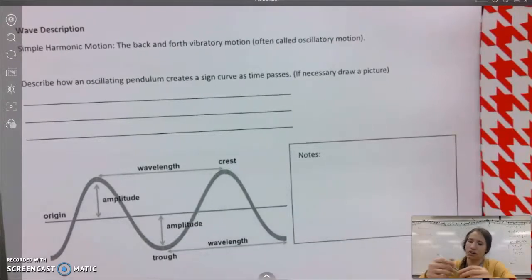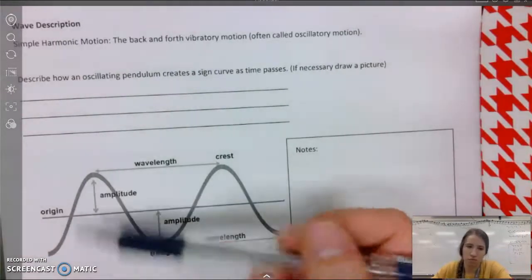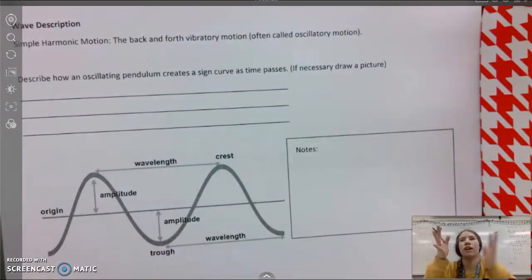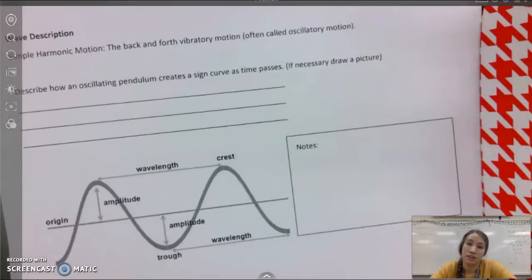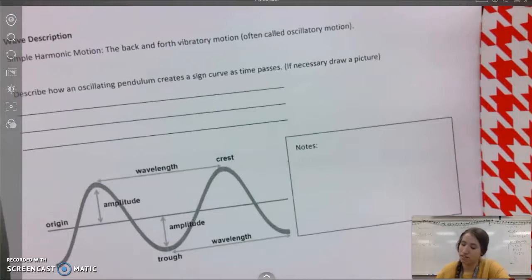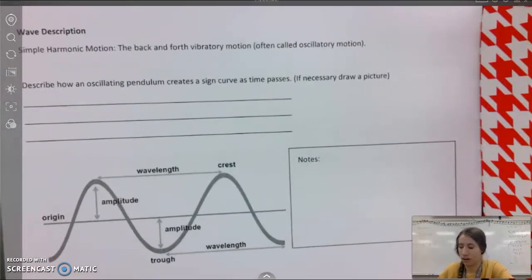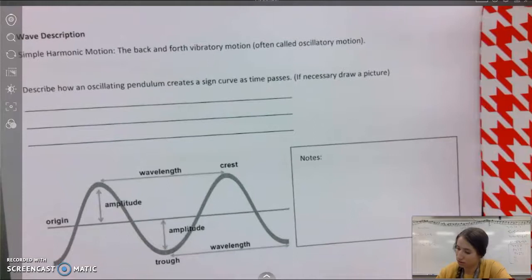And so we get this kind of back and forth vibration of water or of air. And so we see that for vibrations, waves, harmonics, etc.